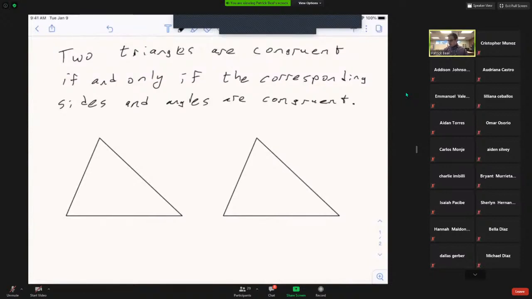All right, so if this is triangle ABC, and over here we've got triangle DEF, we would say that these two triangles are congruent.